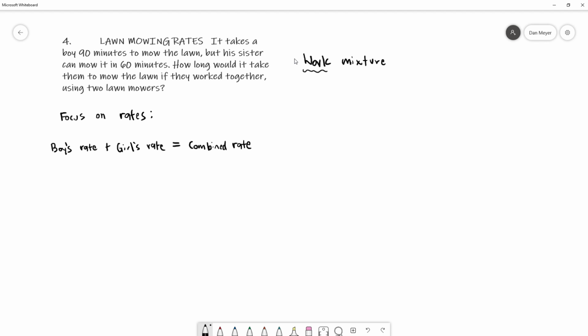Okay. The idea being that the boy gets 1 lawn per 90 minutes, and the girl's rate is 1 lawn per 60 minutes. Should be an E in minutes.